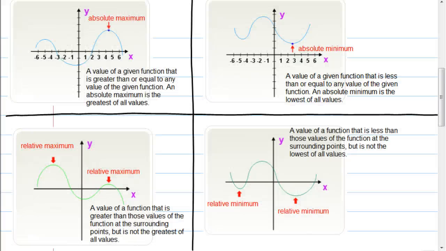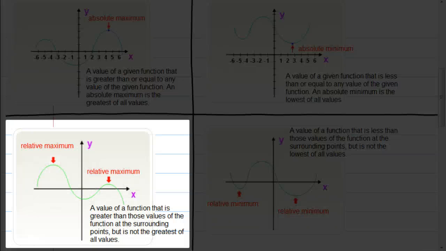Well, there are two other situations. We could have a relative maximum. This would be a situation where you could have more than one relative maximum with different values. A relative maximum is just a value of a function that is greater than those of the function at the surrounding points, but is not necessarily the greatest of all the values. So for example, this here would represent a relative maximum, because in that interval that is the maximum value.